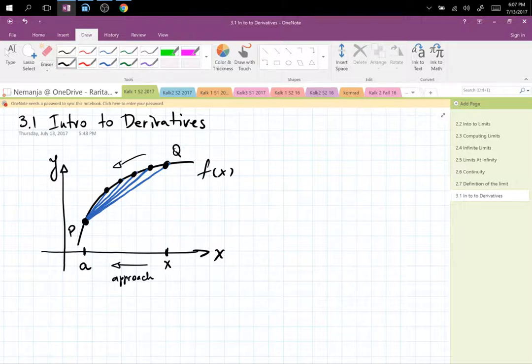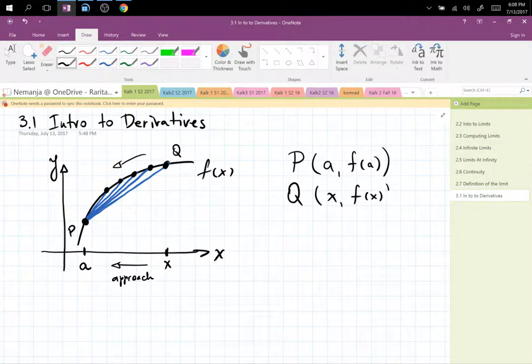So what do I have? A point P is given as A and f of A, right? Because when you plug in the value A into a function, you get f of A as the y value. And the point Q is x, f of x, clearly. Now we know that the slope m is y2 minus y1 over x2 minus x1.